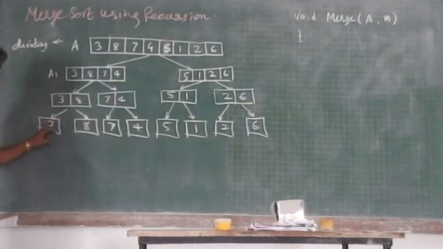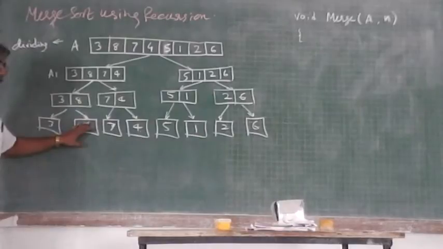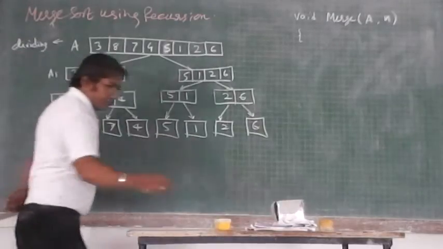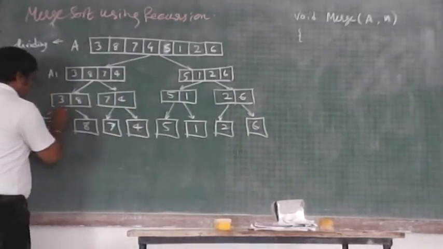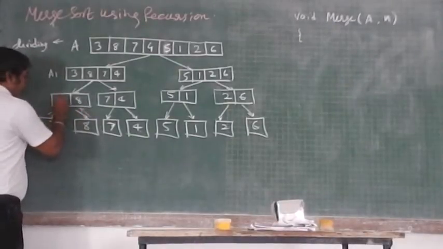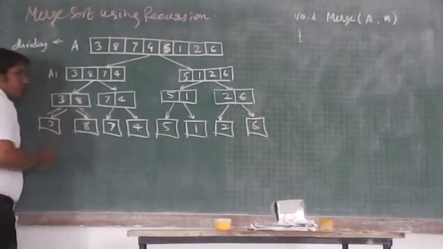If this is found less, then I keep that element at this position of this array. So 3 will come, then the remaining element I keep as it is. Okay? So because of merging of these two arrays of size 1, I get the elements merged in sorted order, 3, 8.